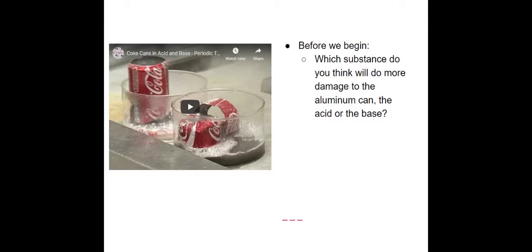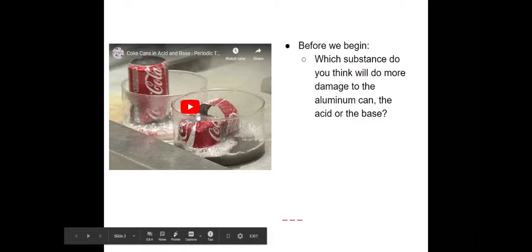Ask yourself which one you think would cause the most damage to an aluminum Coca-Cola can. Okay, we'll go ahead and watch this video and see what happens.